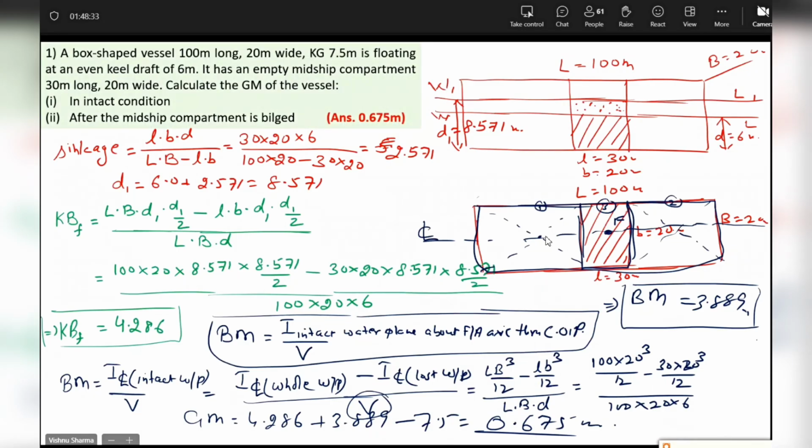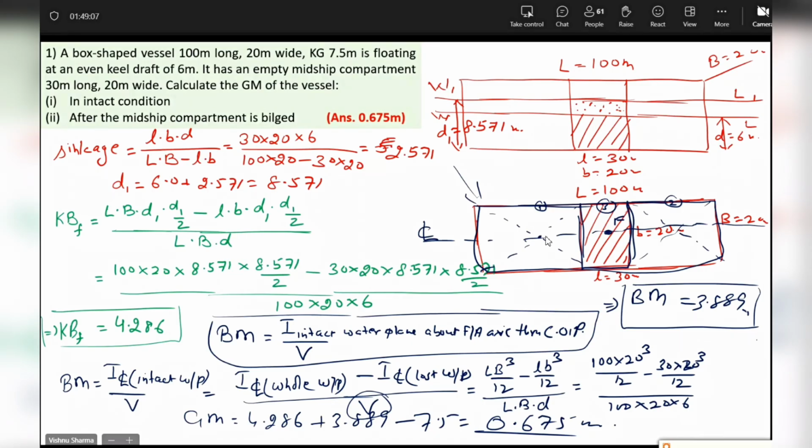Guys, in the bilged condition, in the diagram above, from keel to W1L1, if you visualize the water plane in the bilged condition, is it going to be the same as we have drawn here, or is it going to change anywhere? Same. It is going to be.